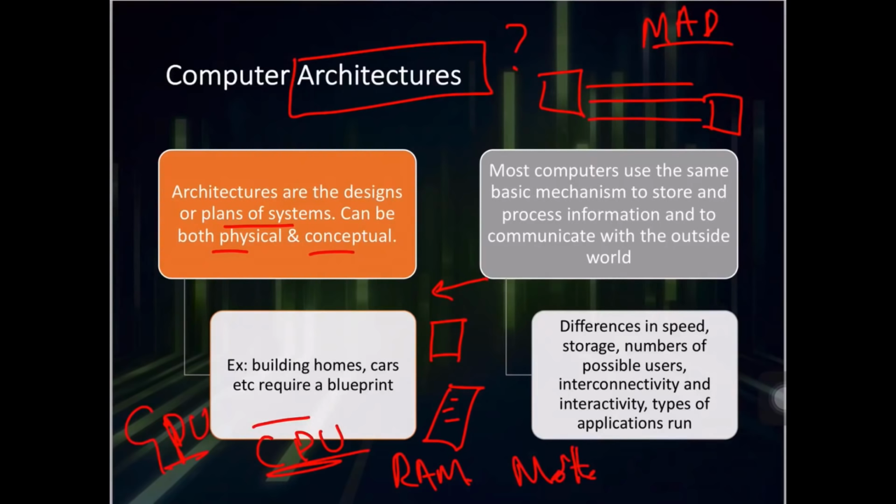But how do we differentiate between one computer architecture and another? We say, oh, this computer is fast, this computer is slow, this takes more time. So how do we differentiate? We basically differentiate one computer from another based on their specifications, right? By specification I mean the difference in speed, storage, number of possible users it can connect.